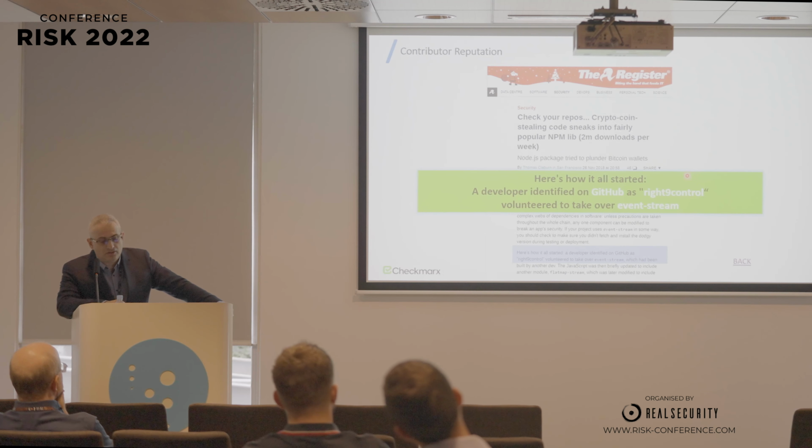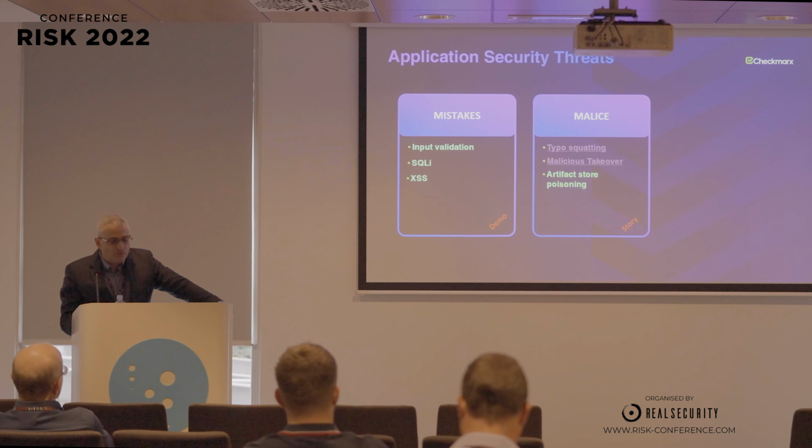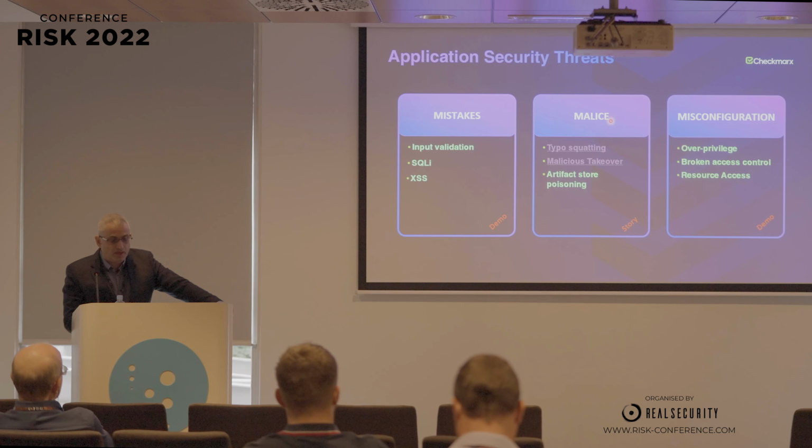After the original author transferred rights and control of the library, after two or three releases, the guy right-hand-control published a library with 2 million downloads and stole money from Bitcoin wallets.